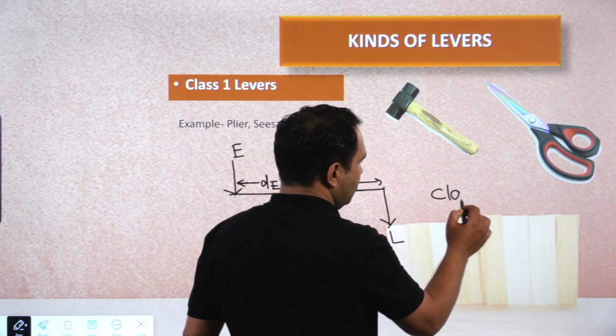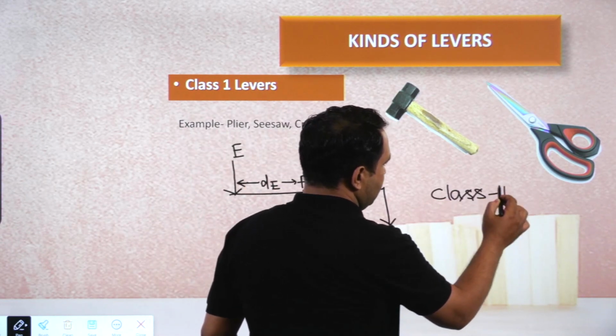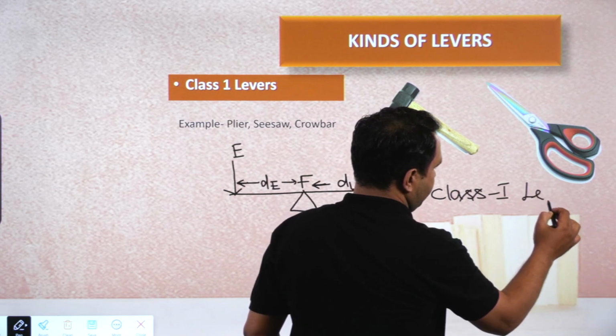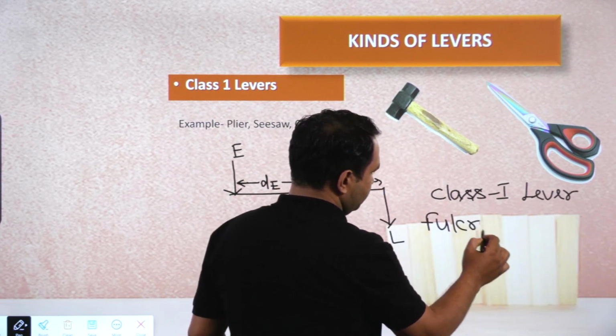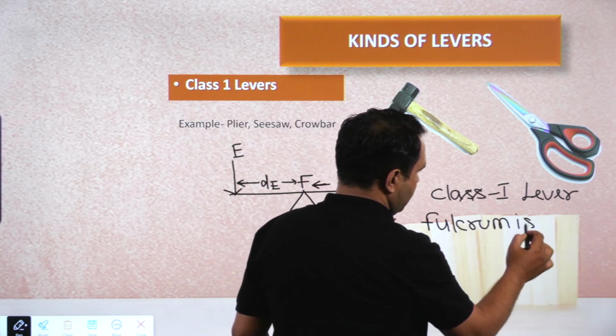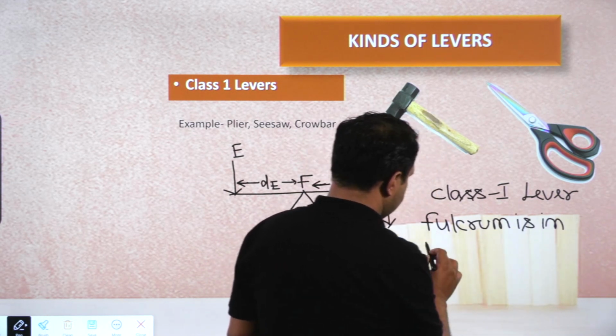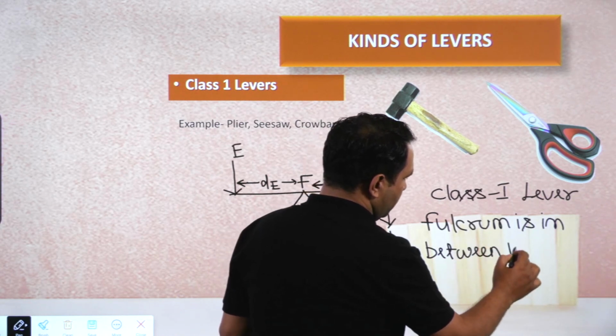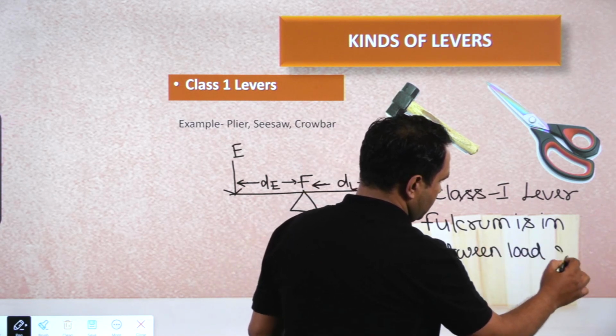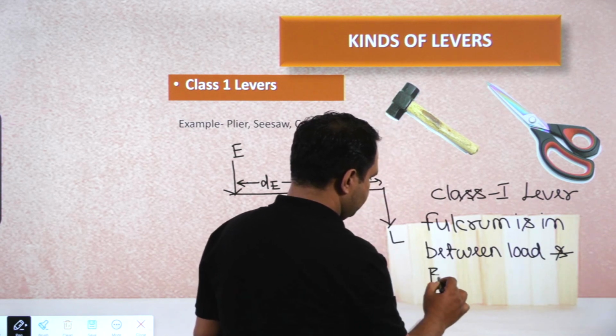So in a class 1 lever, the fulcrum is in between effort and load. In a class 1 lever, the fulcrum is in between load and effort.